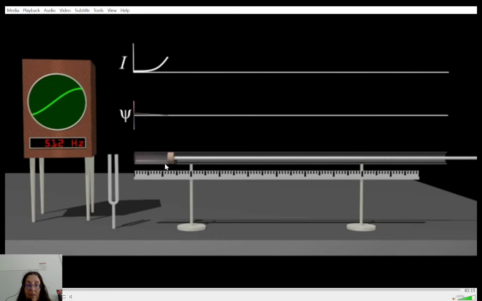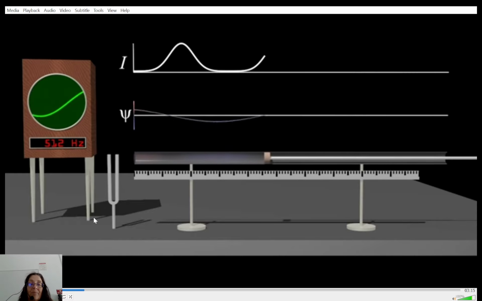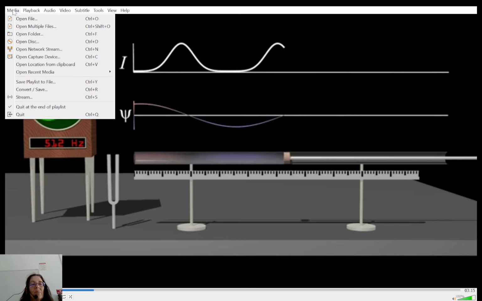So this is resonance. You see, you have that standing wave, and then it goes down, and then you're going to have the second harmonic, the second standing wave. That will be a clarinet, for example.